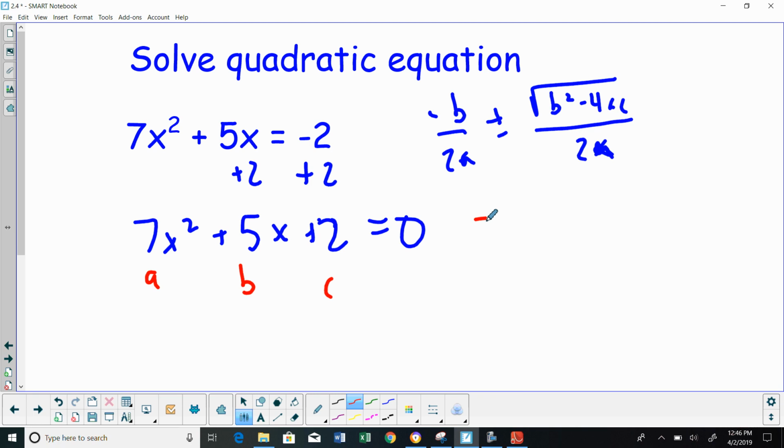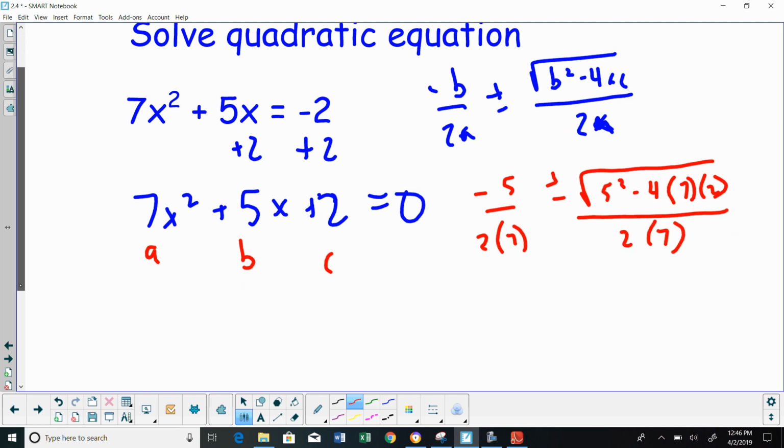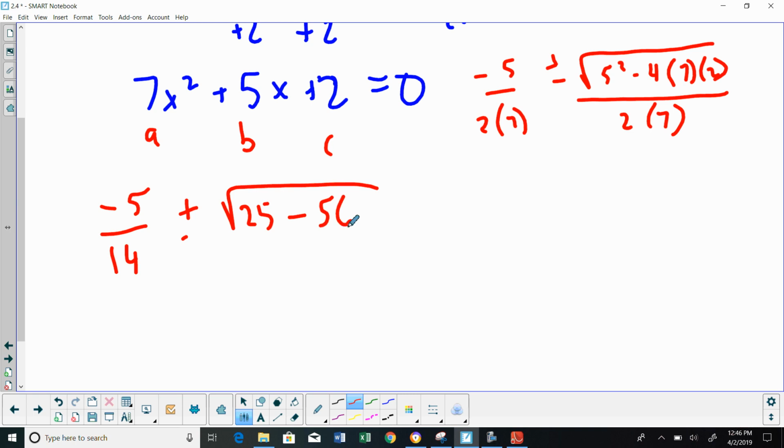So I'm going to want the opposite of 5 over 2 times 7 plus or minus the square root of 5 squared minus 4 times 7 times 2, all over 2 times 7. If I'm simplifying this, I'm going to get -5 over 14 plus or minus the square root of 25 minus 4 times 7 times 2, which is 8 times 7, so that's 56, over 14.